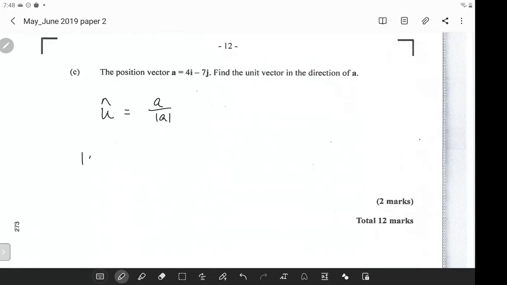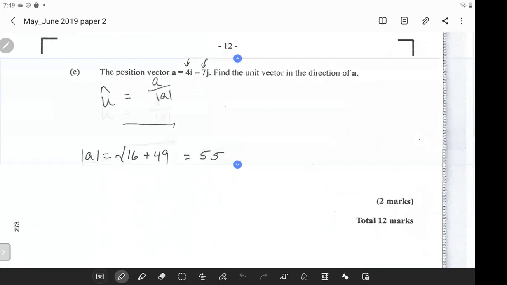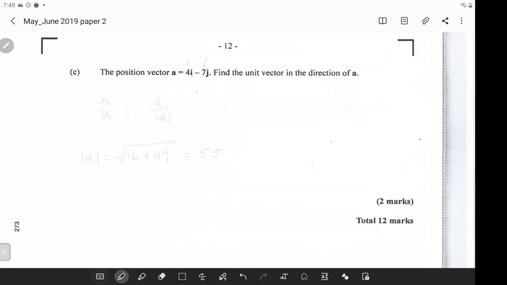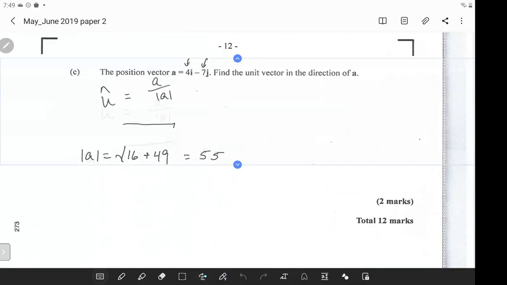Now the magnitude of A, let's just do that at the side here quickly. That is the square root of this term squared, that's 16, plus this term squared, which is 49. And 16 plus 49 is, okay, that was weird.